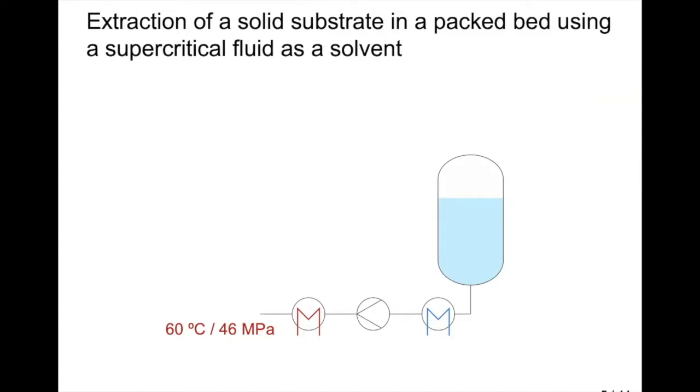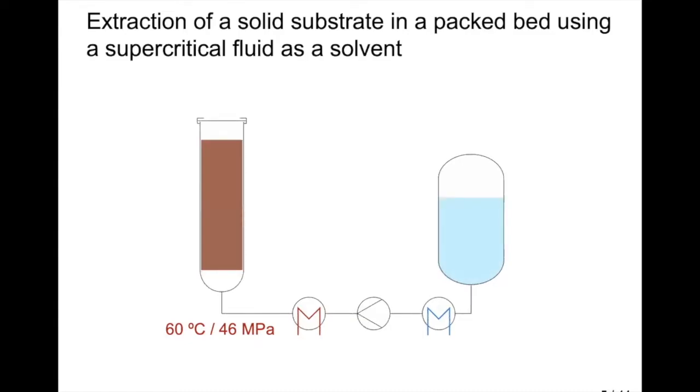Cooling of saturated CO2 avoids cavitation in the pump. Pumping increases the pressure to the extraction level, 460 bar in this case, and the temperature at the exit is adjusted by the second heat exchanger. In this example, compressed CO2 is heated to 60 degrees Celsius.